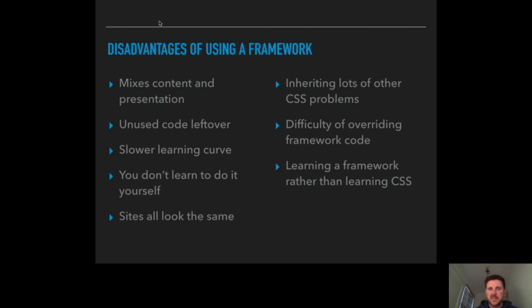So that can be a big disadvantage. Then there's the practical issue of overriding the framework code, and this is where you're maybe making changes to certain parts of the code in the CSS. You have to make sure you're making changes to all parts of the code.